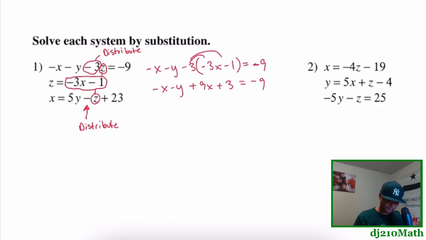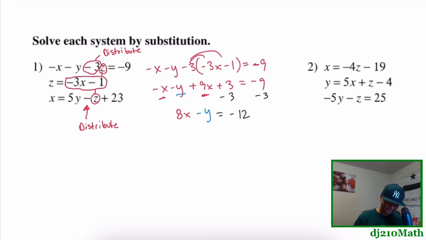Combining like terms, negative x and 9x, 8x. Negative y, and that's it. So minus y, I'm going to subtract 3 from both sides. So this is negative 12. 8x minus y equals negative 12.